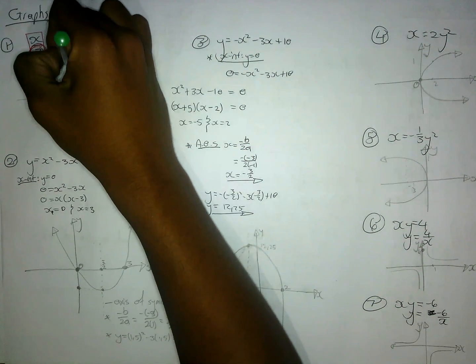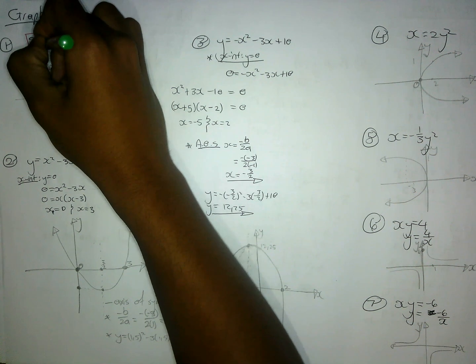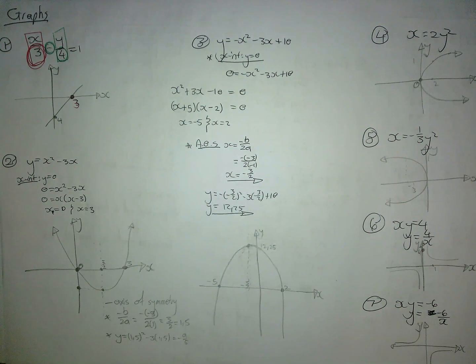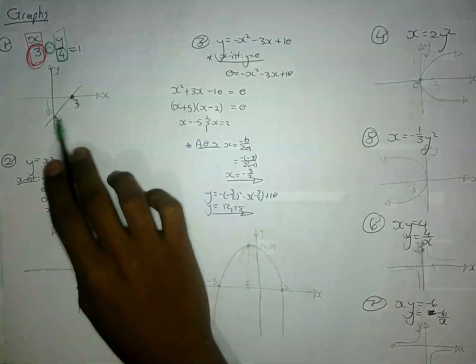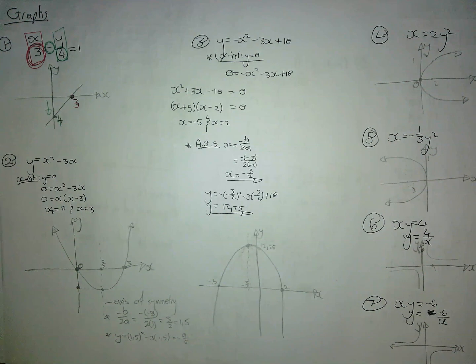Y over 4, it has a 4, and the sign is negative, so it's going to be under the graph, and you write the 4.